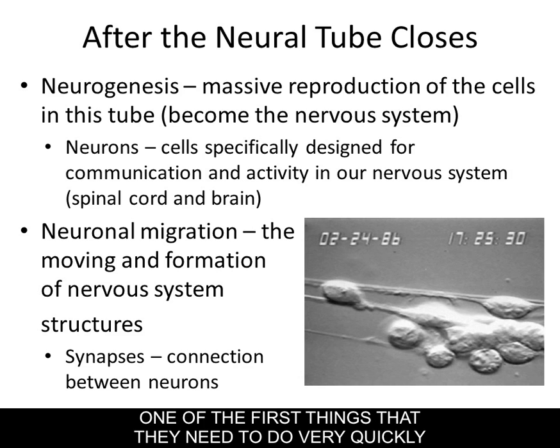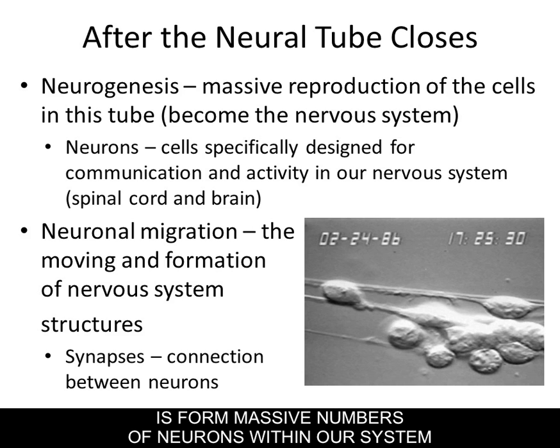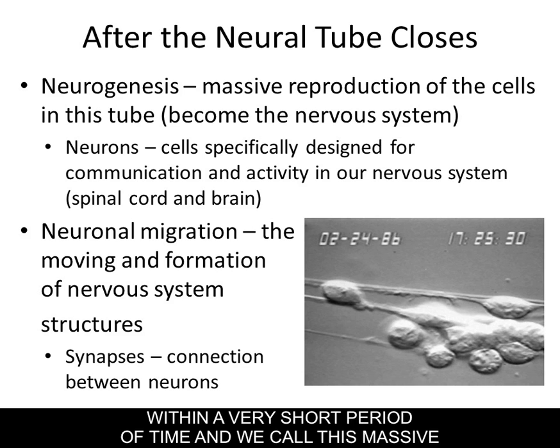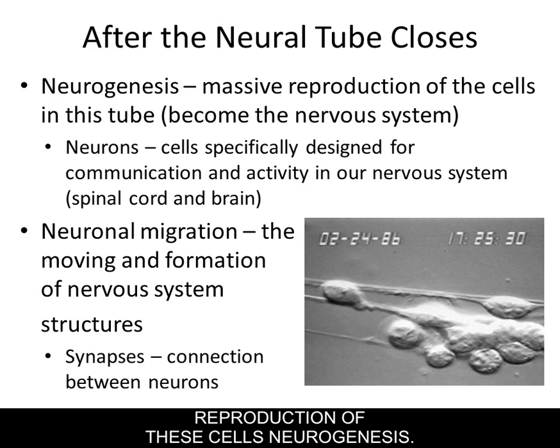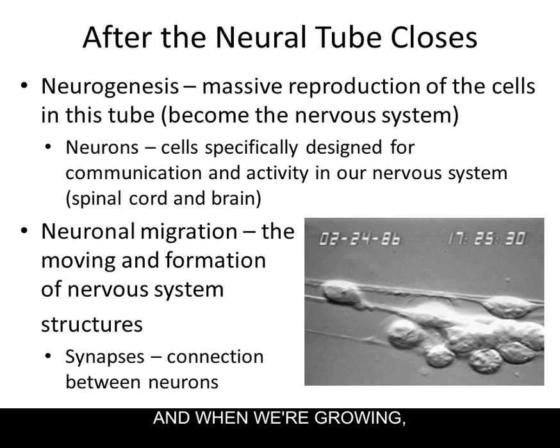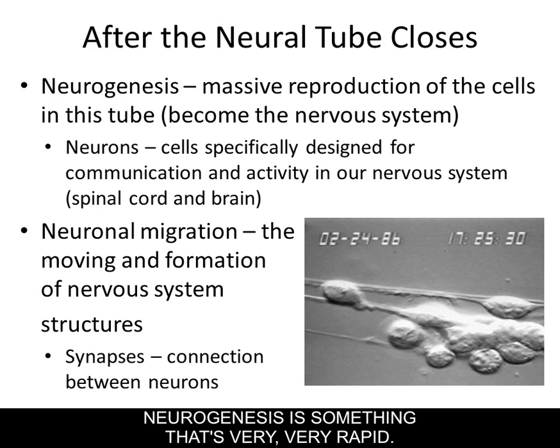One of the first things they need to do very quickly is form massive numbers of neurons within our system within a very short period of time. And we call this massive reproduction of these cells neurogenesis. When we're developing within the womb, neurogenesis is very, very rapid.